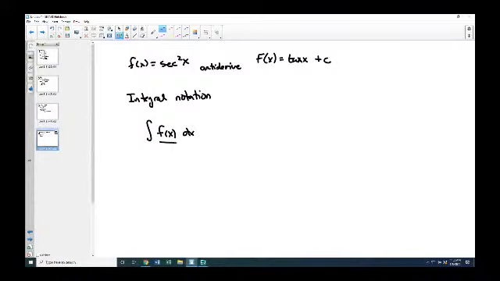So here's your function and here's your notation. This means antiderive, equals big F plus a constant. You see that big F here; it's the same thing we did here, just a different notation. This is called an indefinite integral.